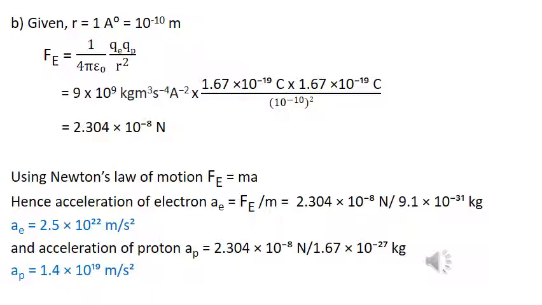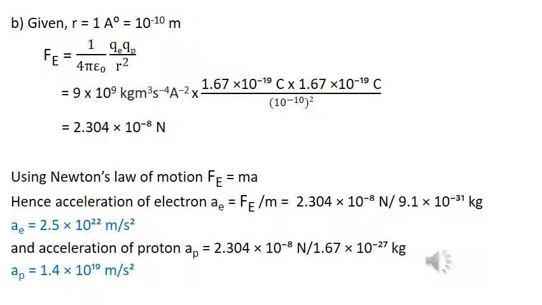To find out the value of acceleration of electron and proton due to electrostatic force acting between them, we will firstly find out the value of electrostatic force between electron and proton. So by using the expression of Coulomb's law, we can write F is equal to 1 by 4 pi epsilon naught QE QP upon r square.